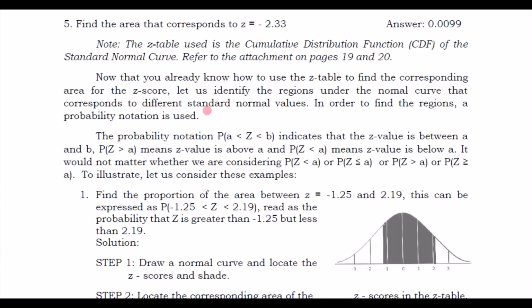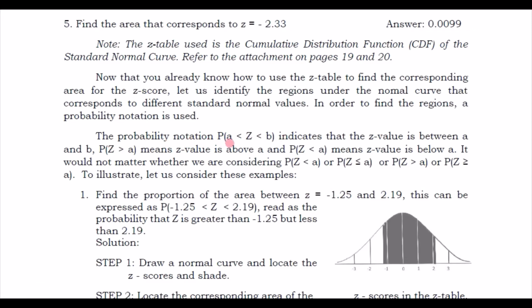Let us identify the region under the normal curve that corresponds to the different standard normal values. In order to find the region, a probability notation is used. Ito yung sinasabing probability notation.